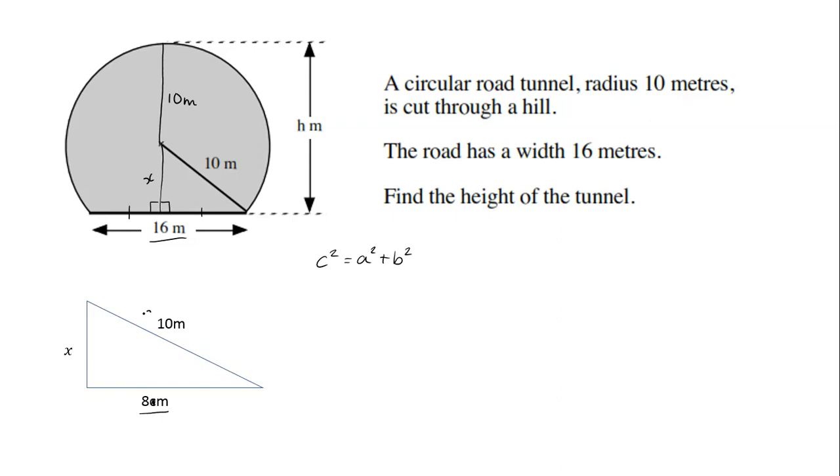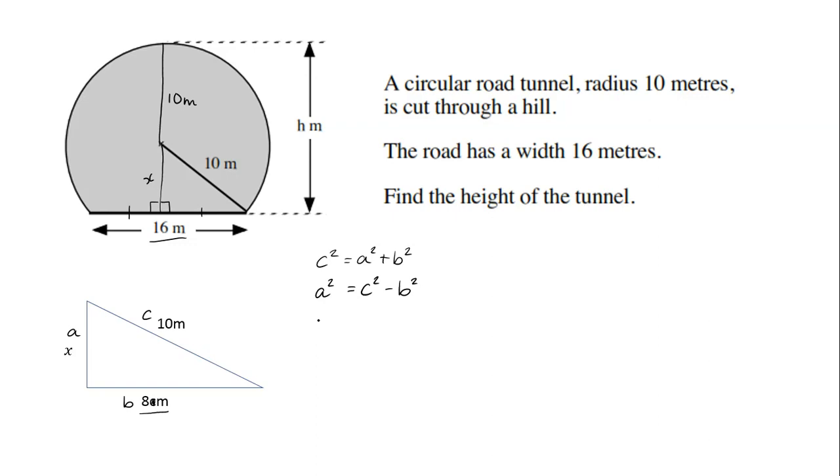As always, the longest side is going to be marked with c. I'm trying to find a shorter side, so what I'm really going to be doing is rearranging my formula. So I've got a squared equals c squared, subtract b squared.